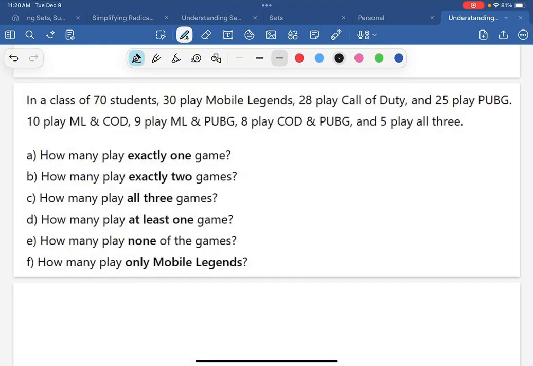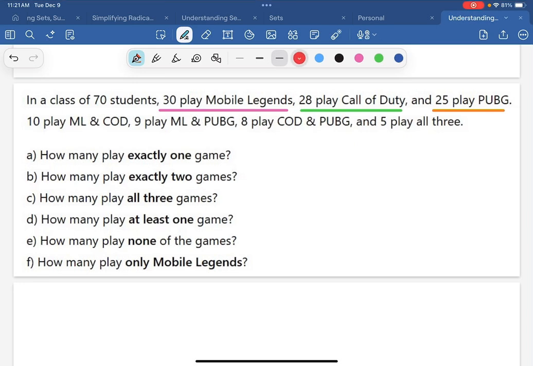Now let's have our last problem involving 3 sets. In a class of 70 students, 30 play Mobile Legends, 28 play Call of Duty or COD, and 25 play PUBG. I'm just gonna read it as PUBG. Anyway, now the combination of both ML and COD is 10.